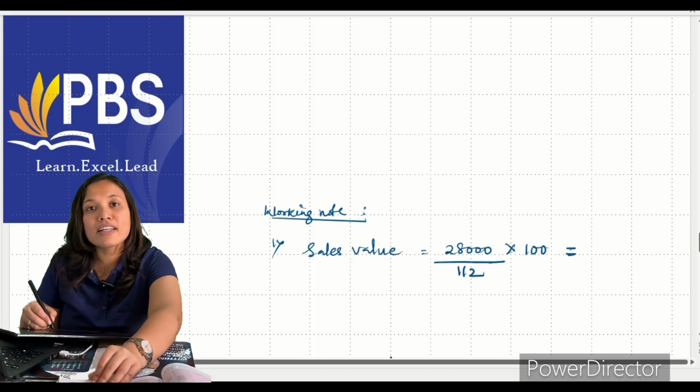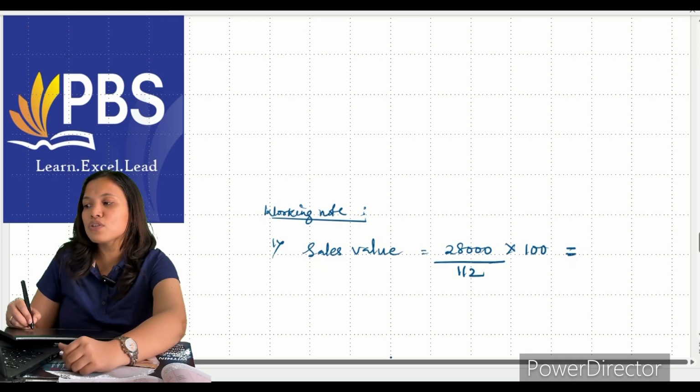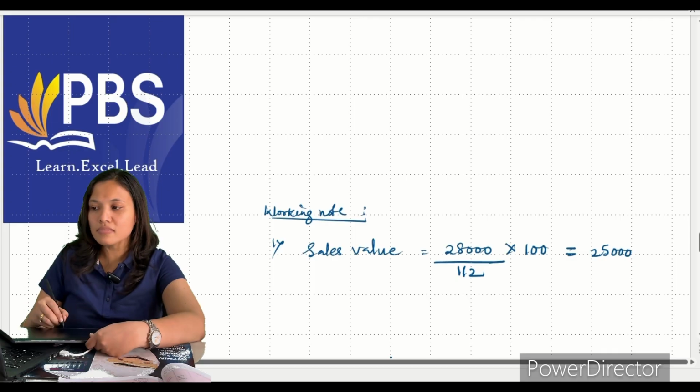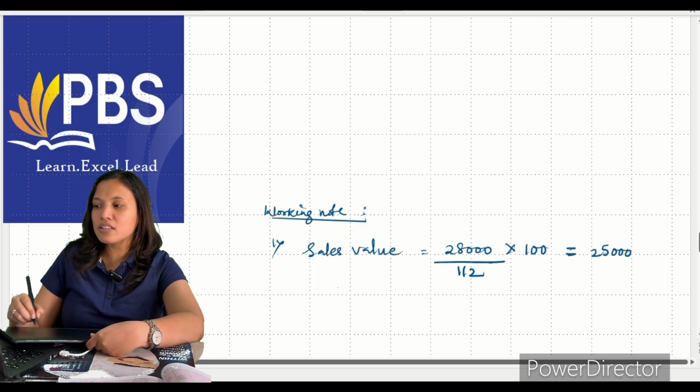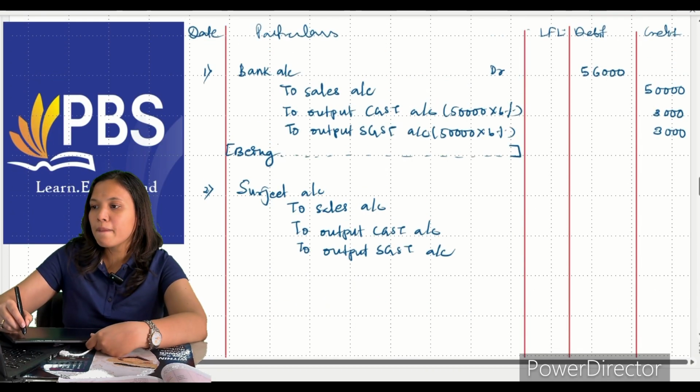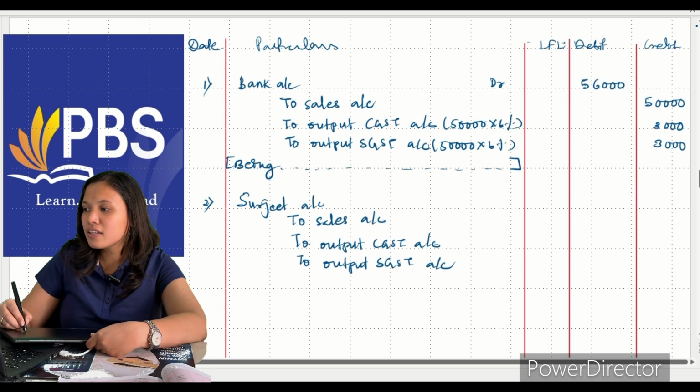So what does my value come to? It is 25,000. So what will be my CGST? Sales value has come to 25,000, so complete it here. 25,000 is my sales value.